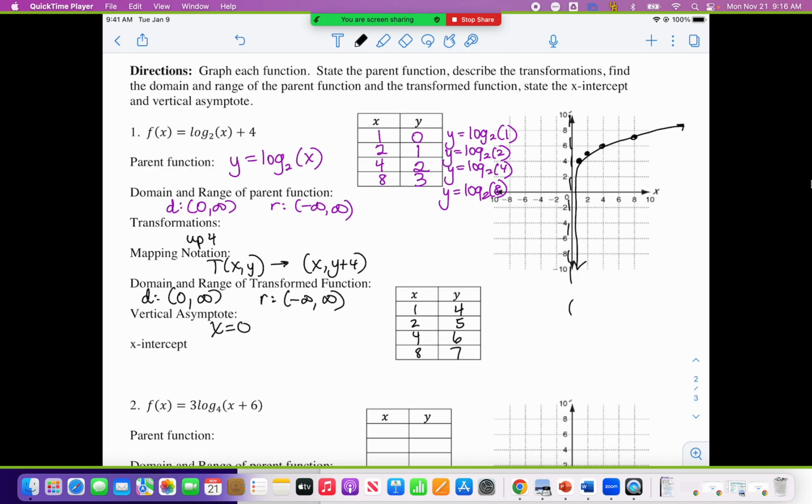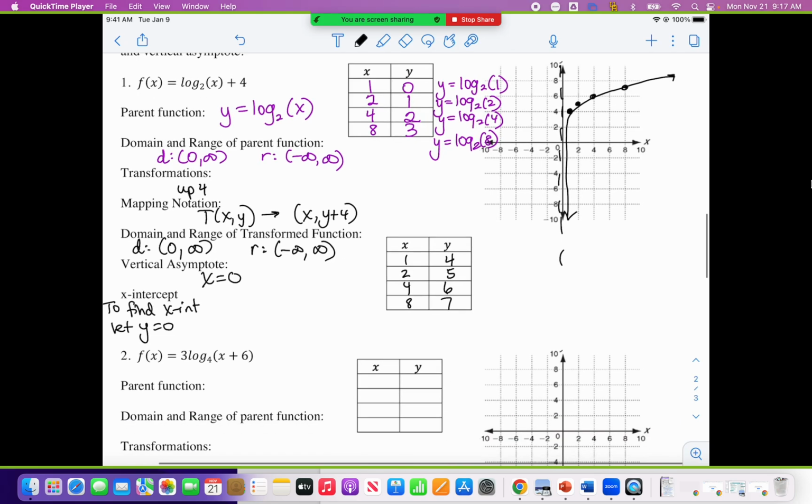So to find the x-intercept, let's write ourselves a note. To find the x-intercept, let y equal 0. So I'm going to do 0 equals log base 2 of x plus 4.